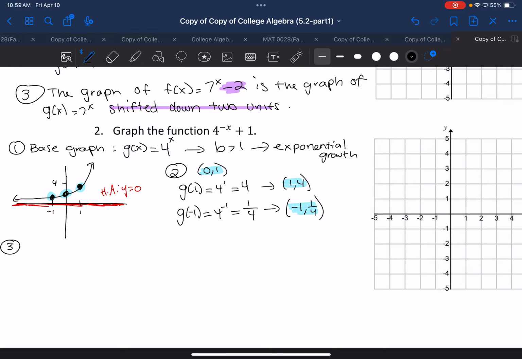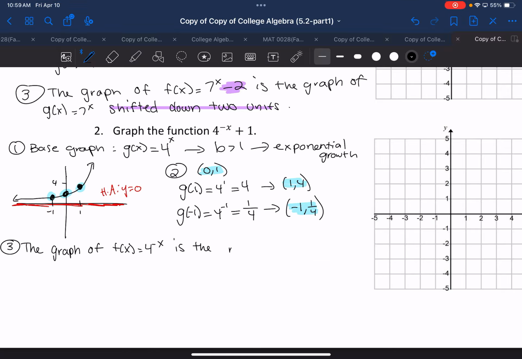So in this case, I'm going to deal with the negative up here being multiplied directly to the x. So that's what I'm going to start with, which I'm going to say the graph of, I'll just use f of x, I guess, f of x equals 4 to the negative x.